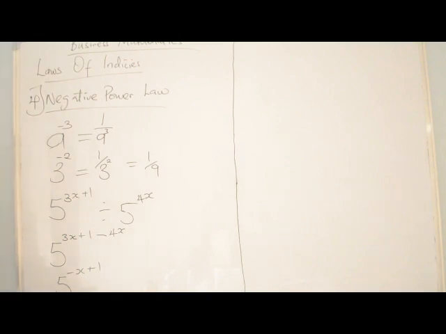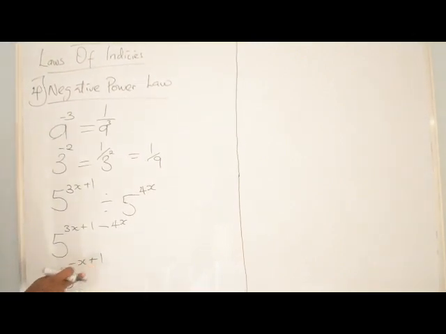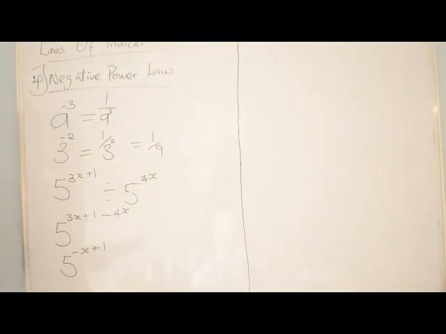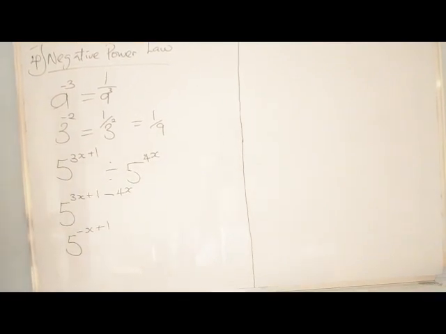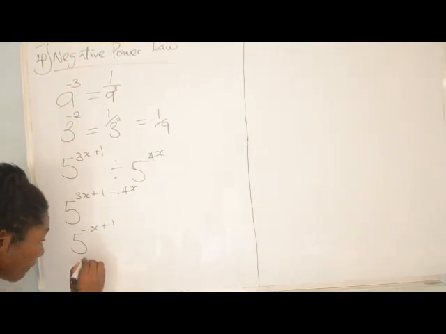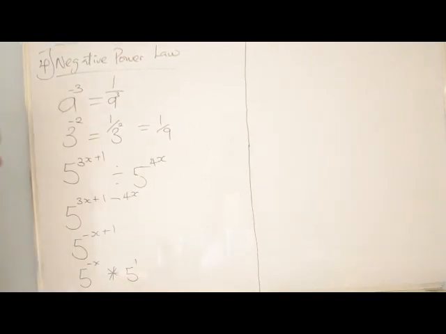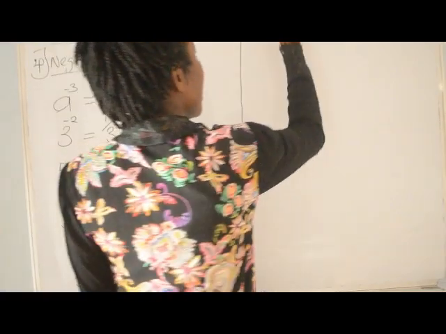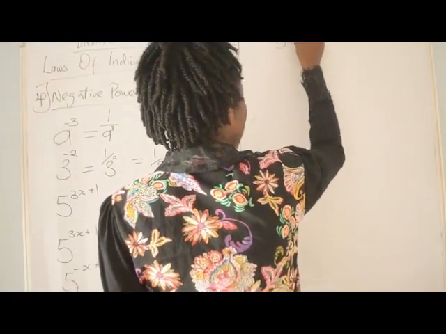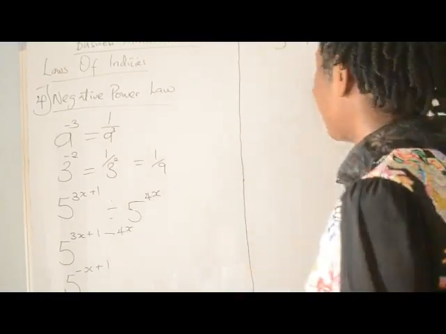If you don't want to write it like this, there's a plus at the power, which shows that there was a previous multiplication, like we said in our multiplication law. So you can redo this as 5 raised to power minus x multiplied by 5 raised to power 1, and that will give us 5 raised to power minus x multiplied by 5, since 5 raised to power 1 is still 5.